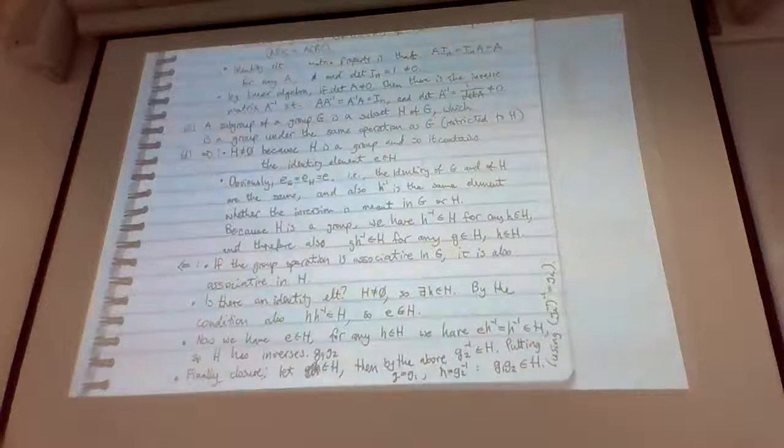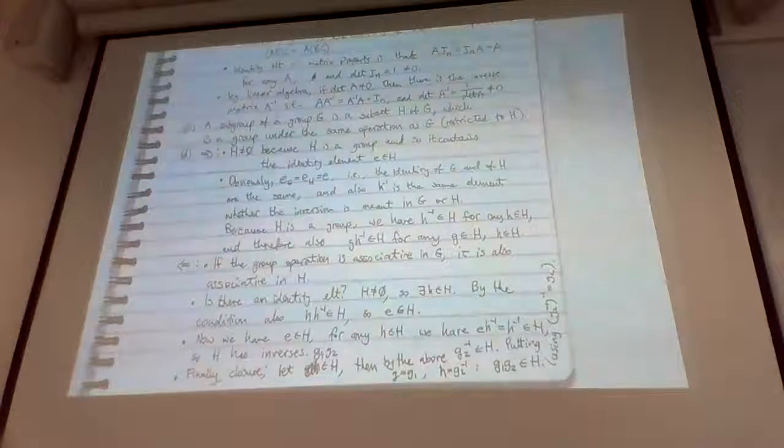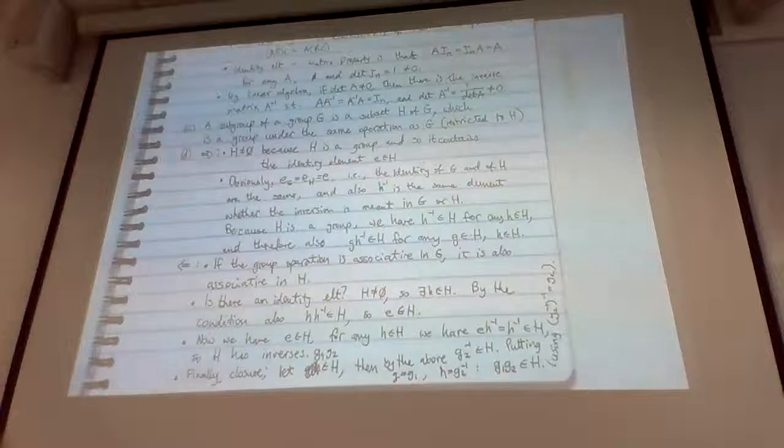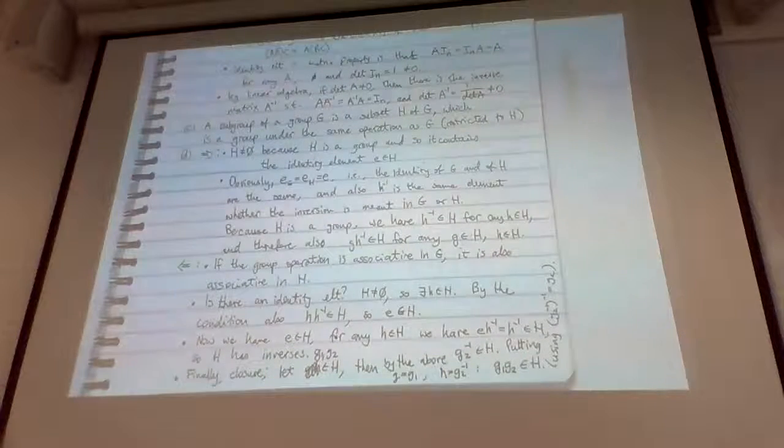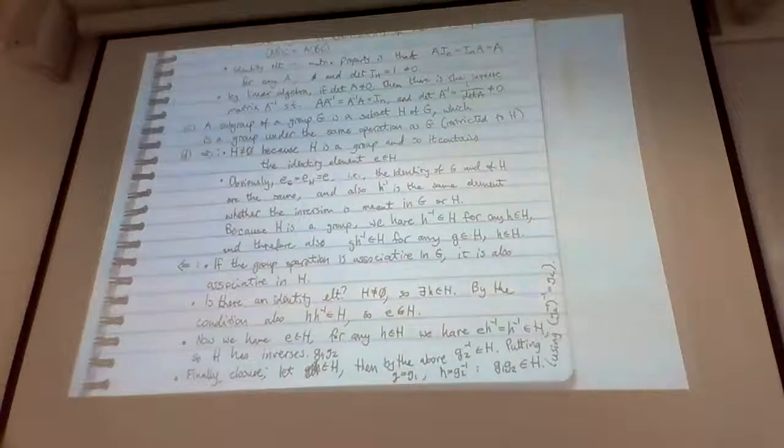Orbit and stabilizer are probably some of the trickier ones to state correctly, so be familiar and practise the rendition of those.